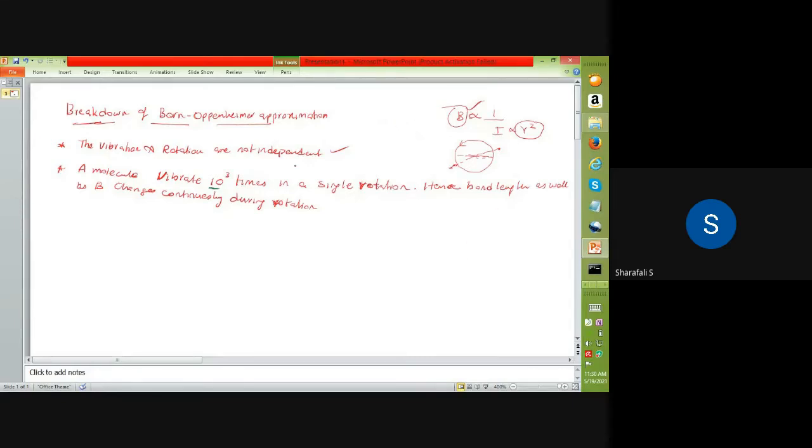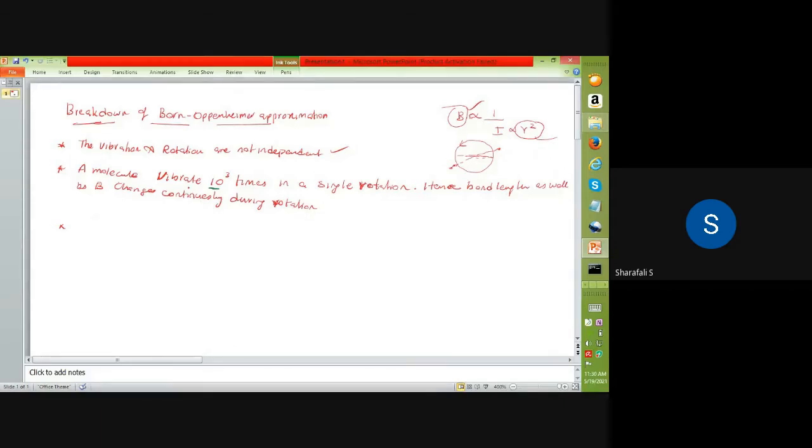That is the breakdown of the Born-Oppenheimer approximation, because we cannot treat the vibration and rotation independently, as these two happen simultaneously within a molecule. So the B parameter depends on 1 by r square, and when r, the bond length, changes, the B parameter also changes.